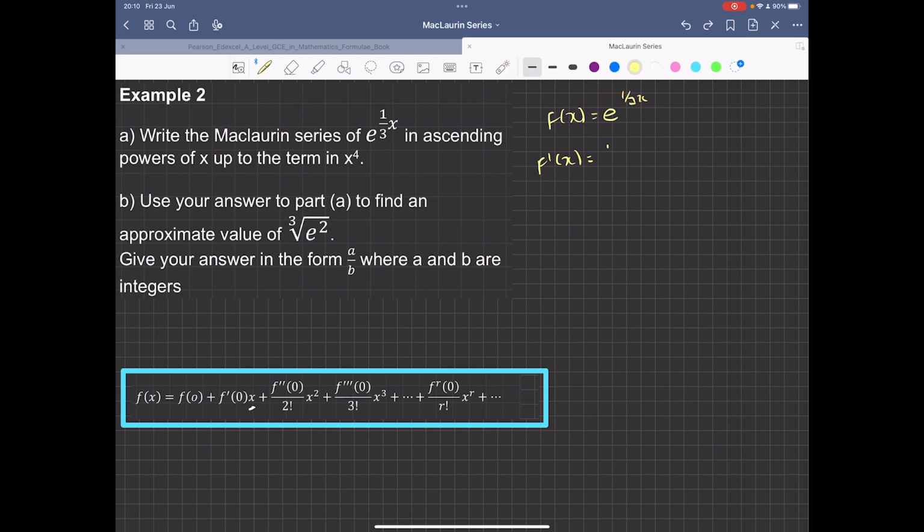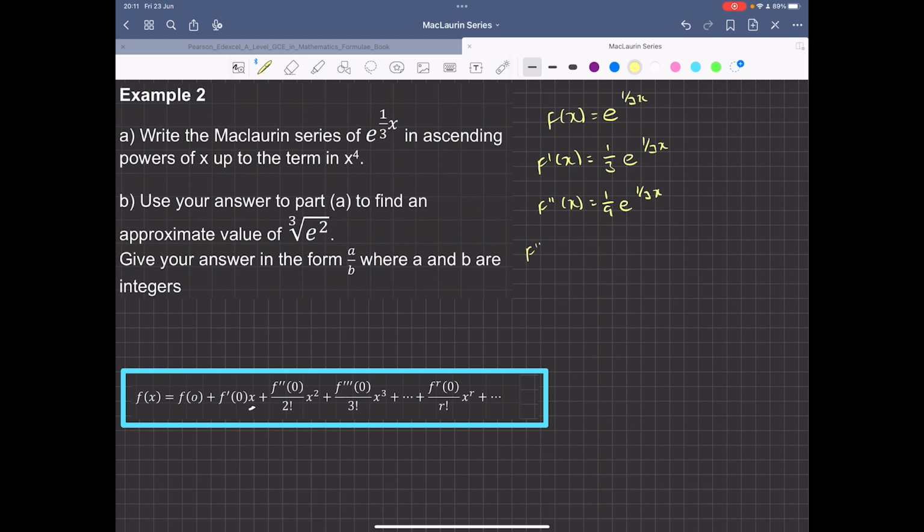So that'll become 1/3 of e to the 1/3 x. The next derivative, we'll do exactly the same again. We'll differentiate 1/3 x, we'll bring that down. So this becomes 1/9 of e to the 1/3 x.